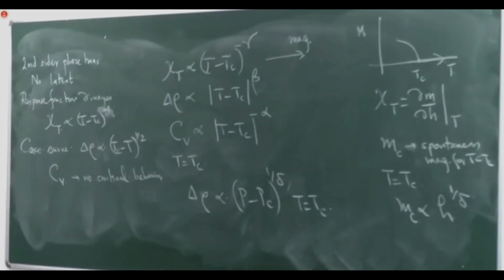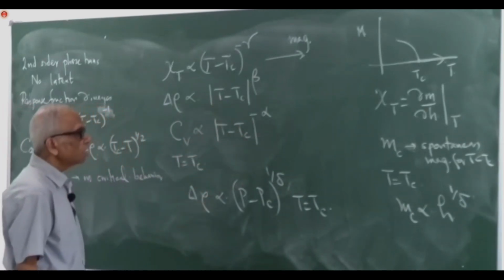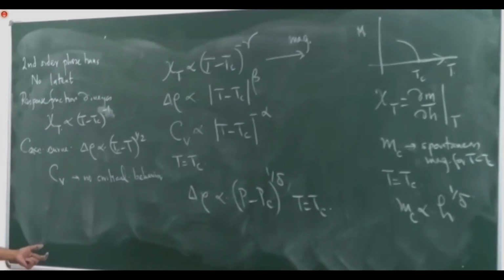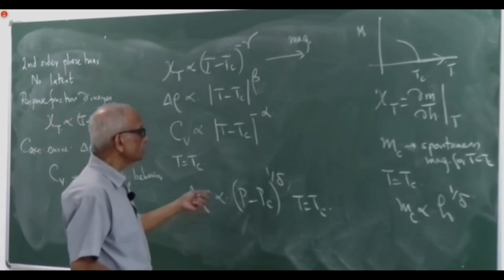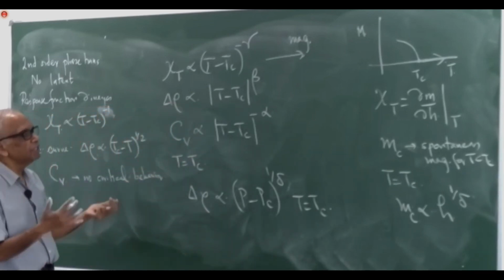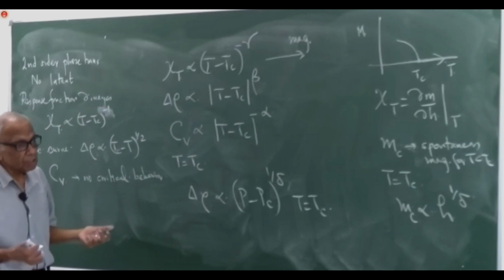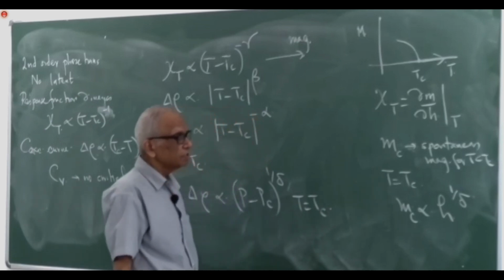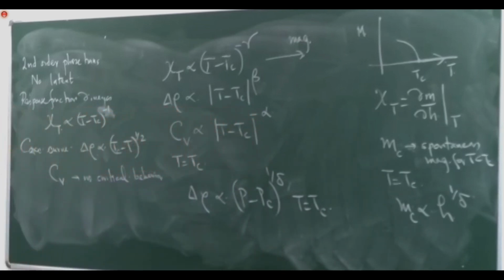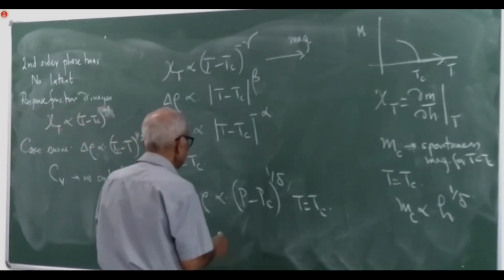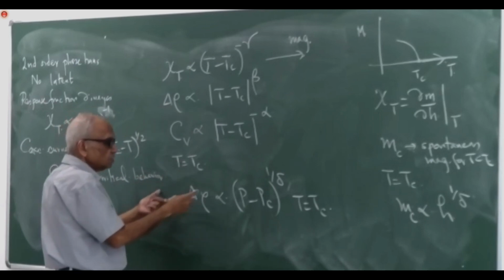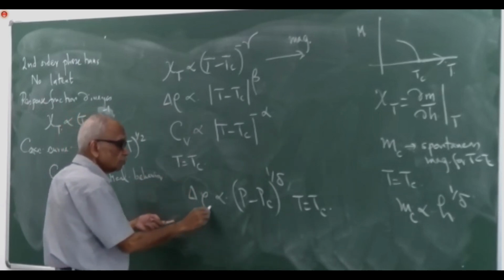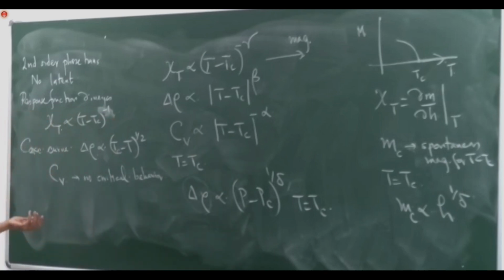All these exponents, alpha, beta, gamma, delta, are universal, in the sense that, for example, this is independent of the fluid. If I talk about a magnet, then life is a little more complicated. The question is, what kind of a magnet? The rho, which is the density, is a scalar.